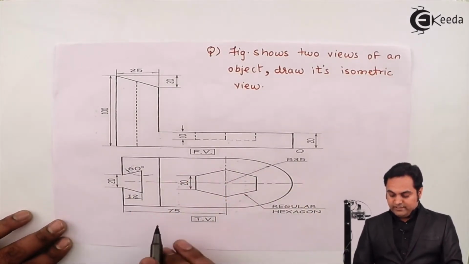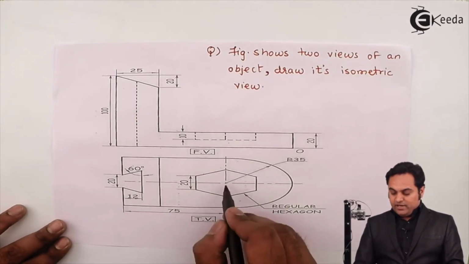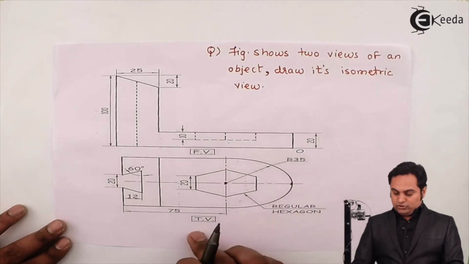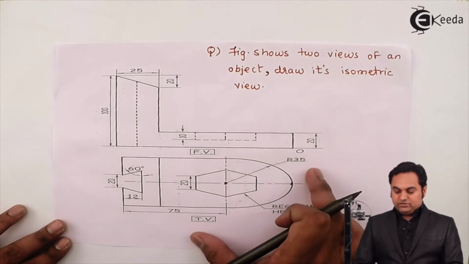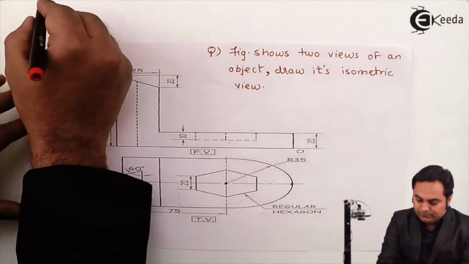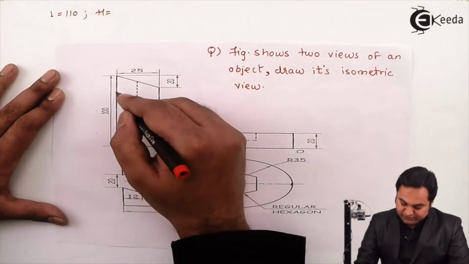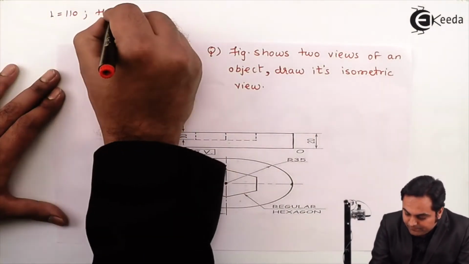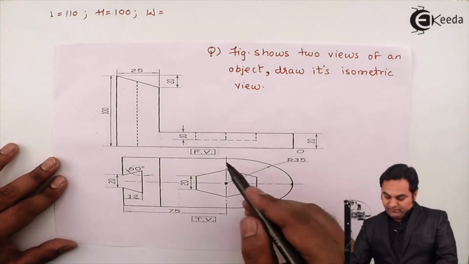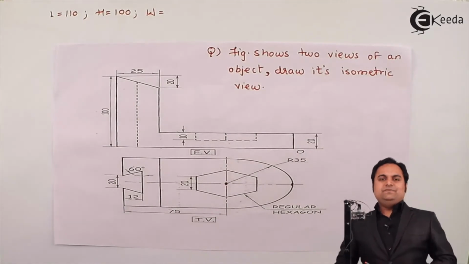Now when I see the top view, here the length is 75 mm, and from this center up to this end the radius is 35 mm. So 75 plus 35 gives me the total length as 110 mm. I'll write it down. Then total height, looking into the front view, the height is 100 mm. And the total width, because width is not seen in the front view, it will be there in the top view.